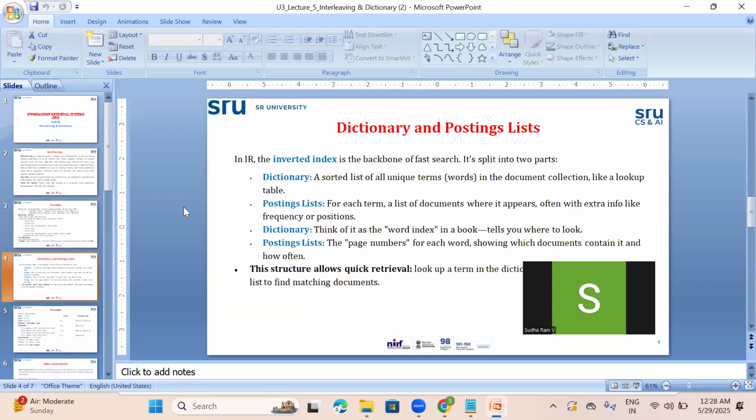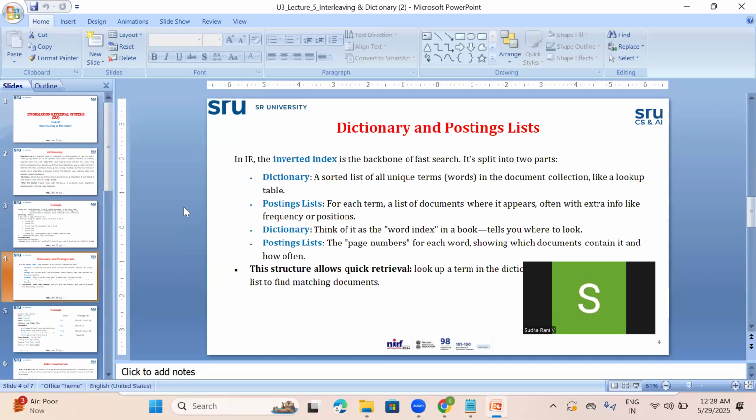Dictionary and posting list. In IR, the inverted index is the backbone of fast search. It splits into two parts. Dictionary, a sorted list of all unique terms in the document collection, like a lookup table. Posting list, for each term, a list of documents where it appears, often with extra information like frequency or position.